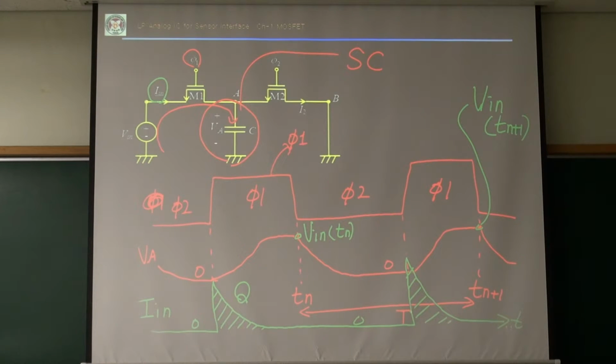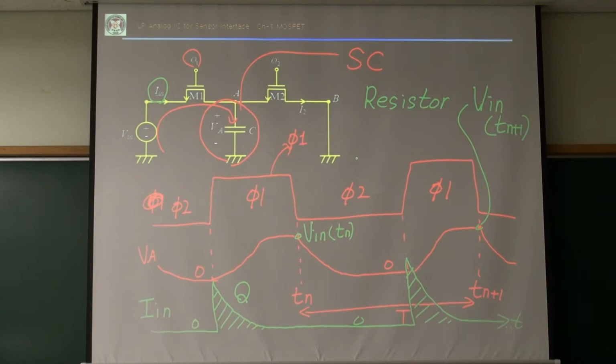So this capacitor claims a charge every phi 1 phase, and then it dumps all the charge to ground during phi 2 phase. And next phi 1 phase, it claims give me charge again. All right? So effectively, it is like a resistor. This resistor just dissipates all the energy by heat.